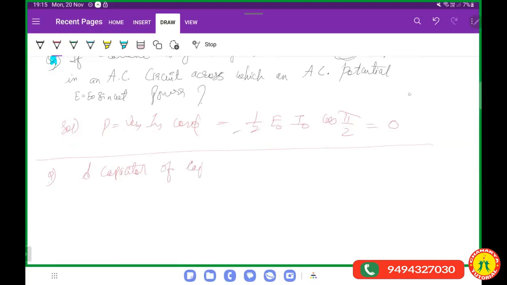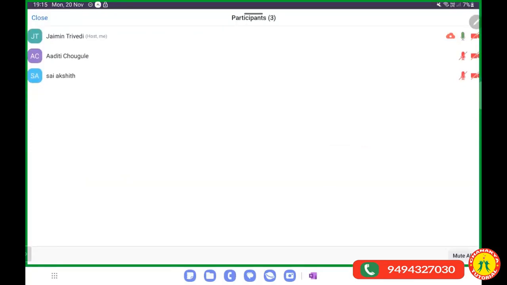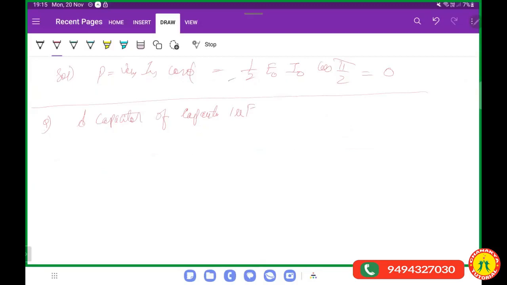A capacitor of capacitance 1 microfarad is charged to a potential of 1 volt.